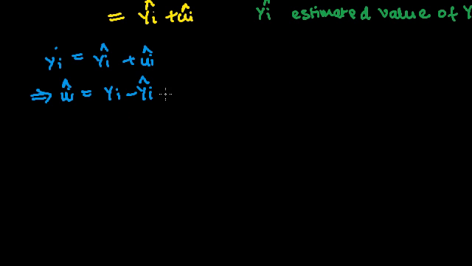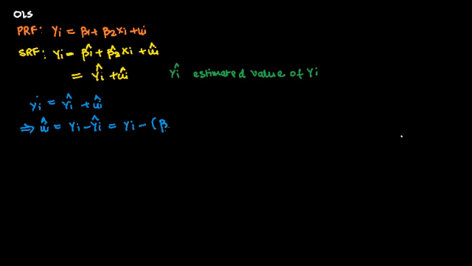Clear? But yi hat is equal to beta 1 hat plus beta 2 hat xi, which is equal to yi minus beta 1 hat minus beta 2 hat xi.